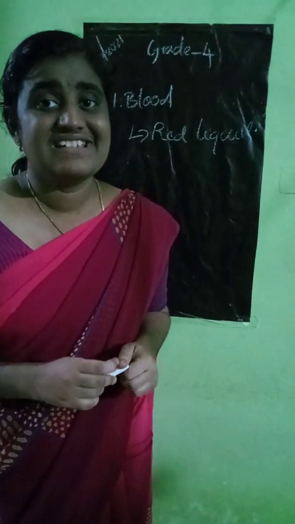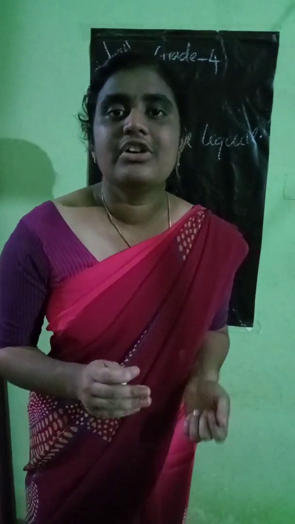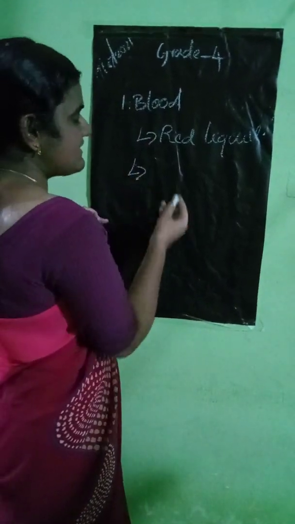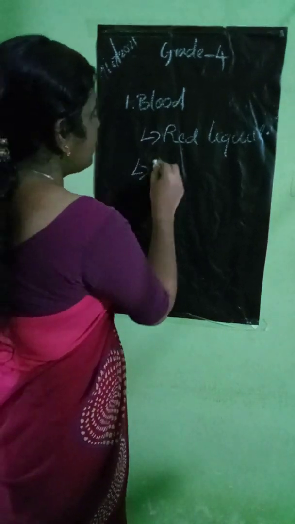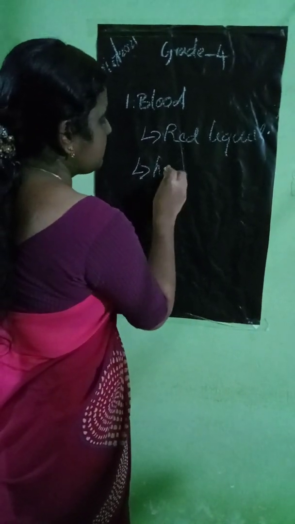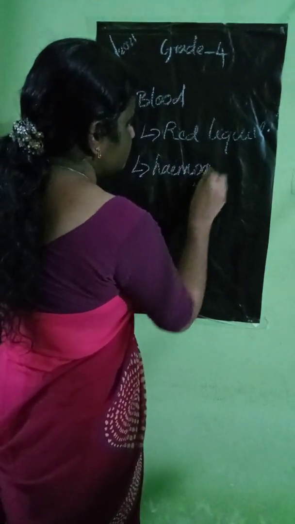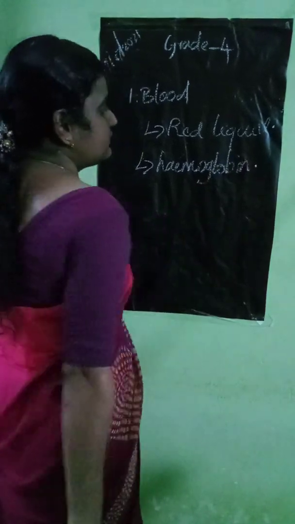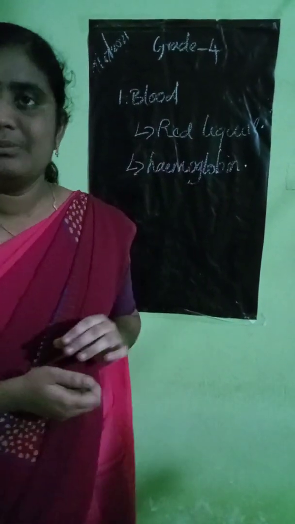Our blood is red because of the presence of a protein called hemoglobin. The presence of hemoglobin gives the red color to our blood.